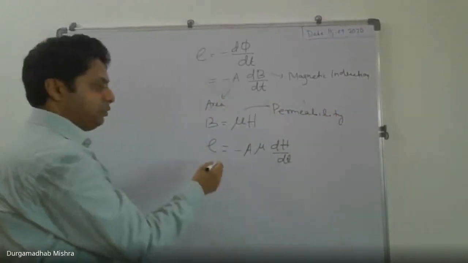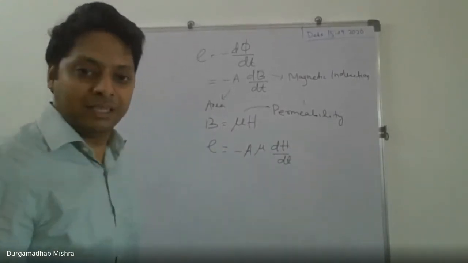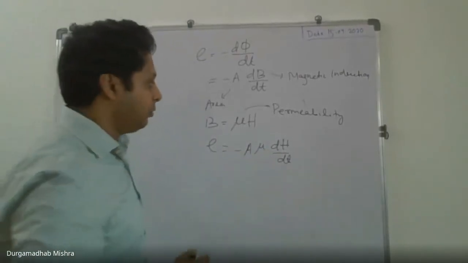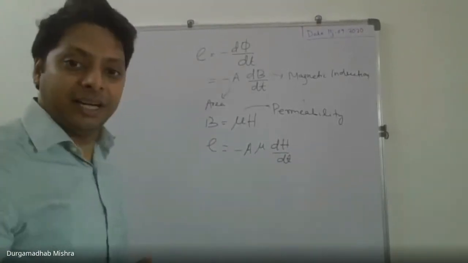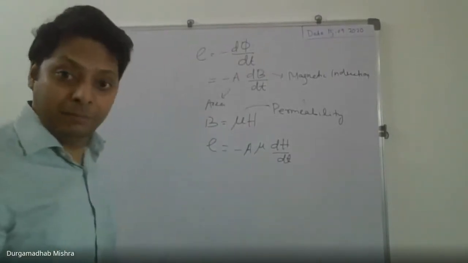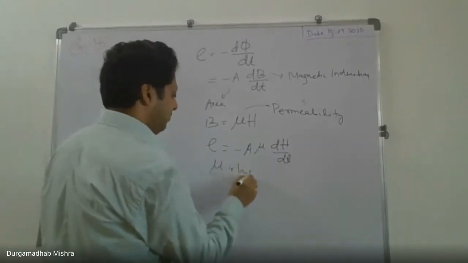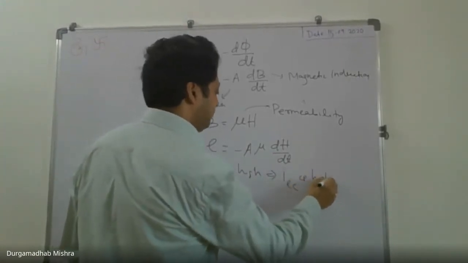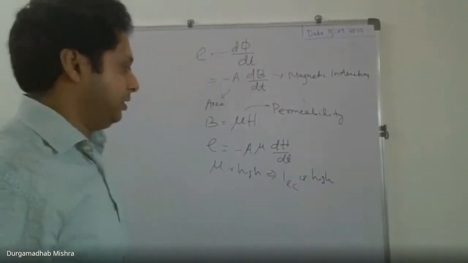That means the induced EMF in a magnetic material will be much higher compared to a non-magnetic material, because you have a factor of mu in it. Therefore the induced EMF will be high, and that's why the eddy current will be higher in a magnetic material. If you have a higher permeability, you have a higher eddy current, so the loss due to eddy current will be higher in magnetic material.